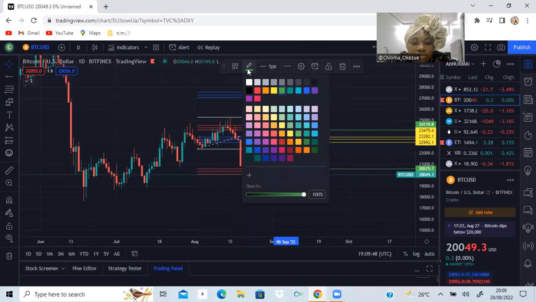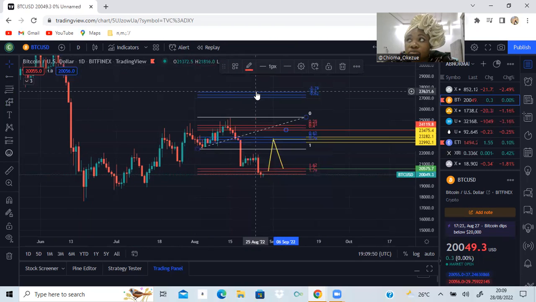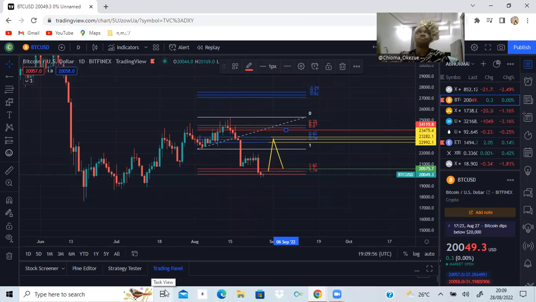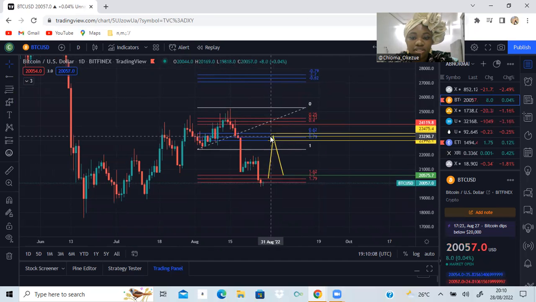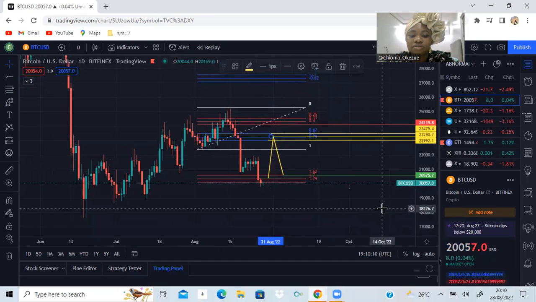All right, you can take a screenshot. Let's see how it goes. Set a sell limit at any of these entries. Let's see how it goes.